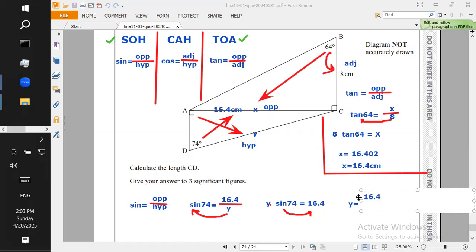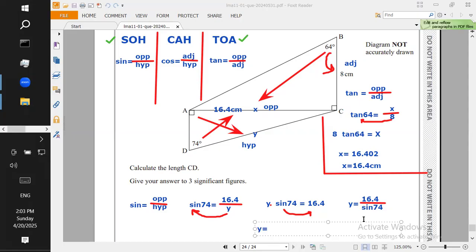16.4 divided by sine 74, like this. And now I'm going to use the calculator to find the value of y, like this. So divide 16.4, y equals.